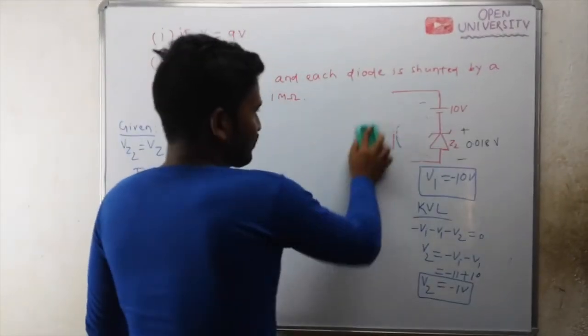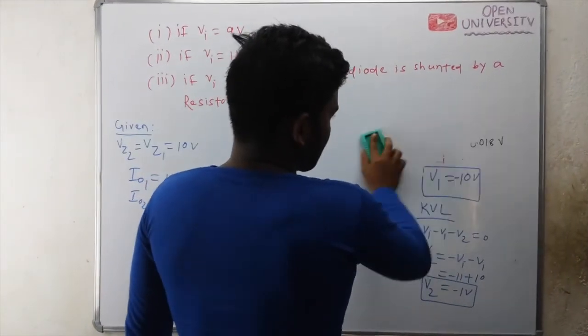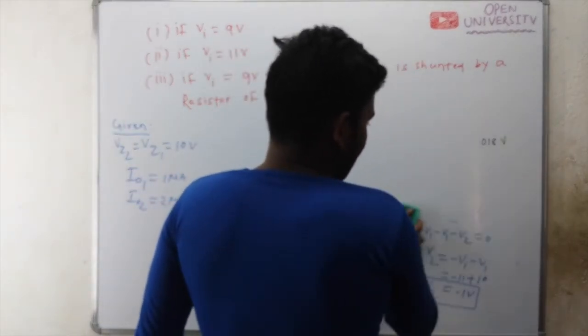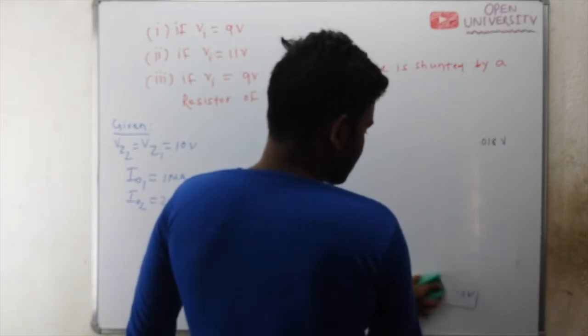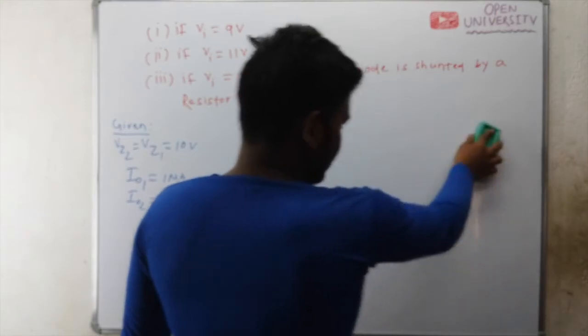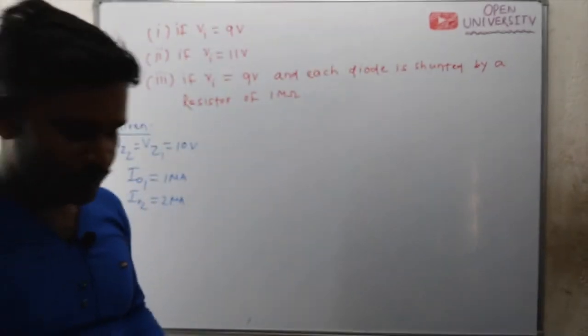The input voltage is now 9 volt, but each diode is now shunted by a resistance of 1 mega ohm. It is asked to find out the output voltage.